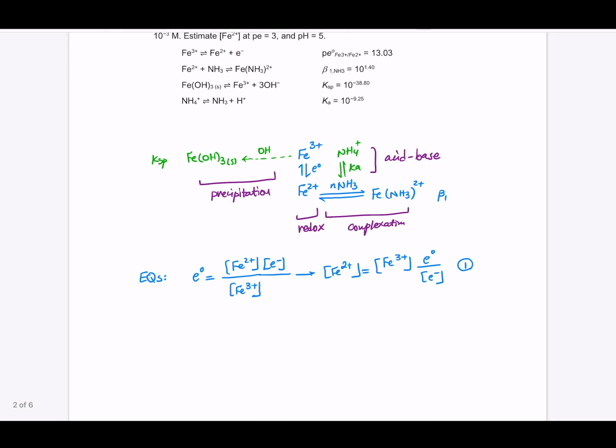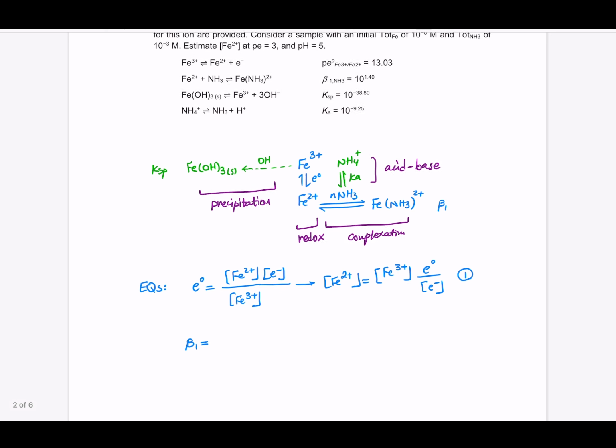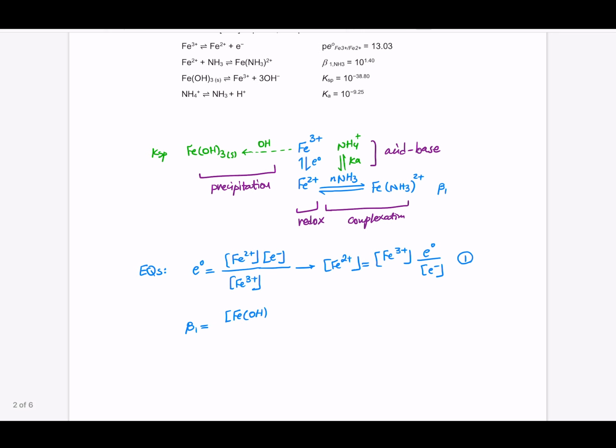The second one, based on the second reaction, is a beta value. So beta 1 is FeNH3 2+ over Fe2+ times ammonia.